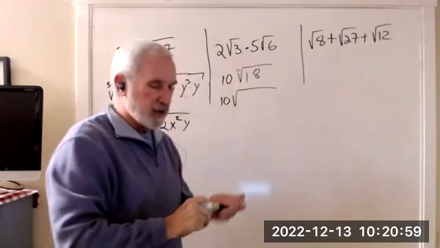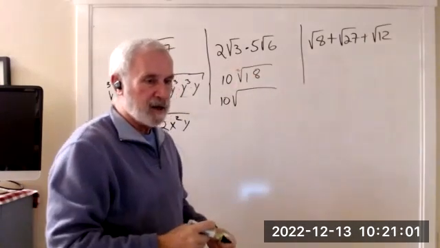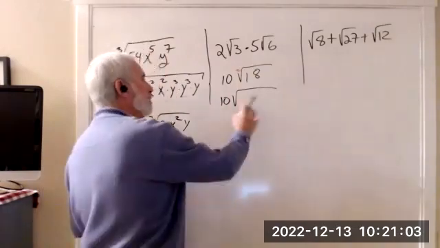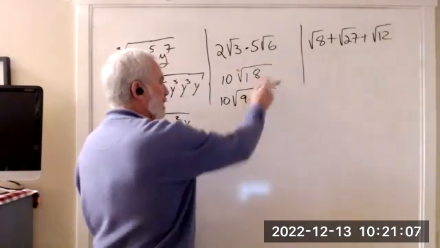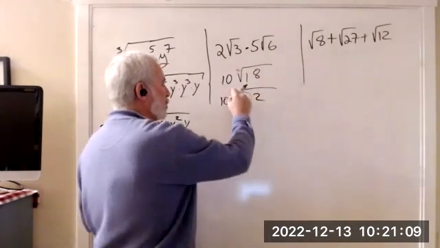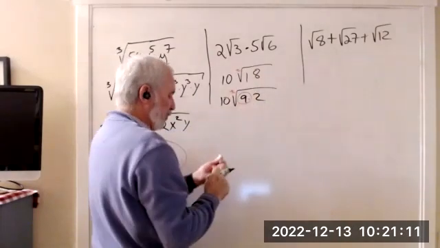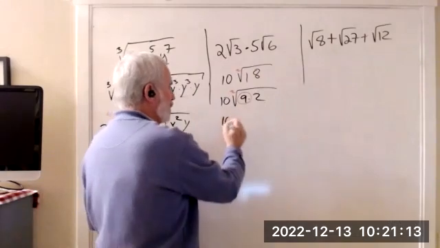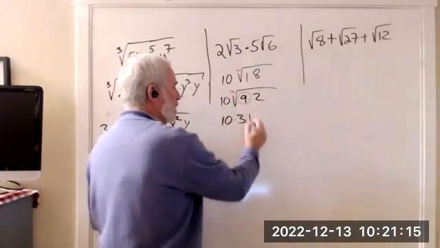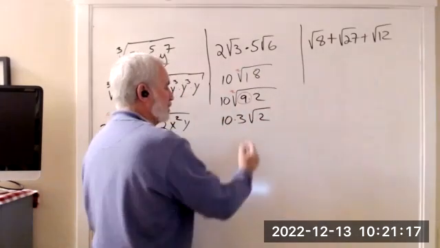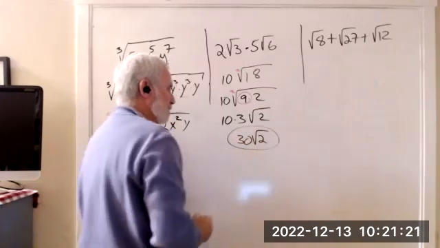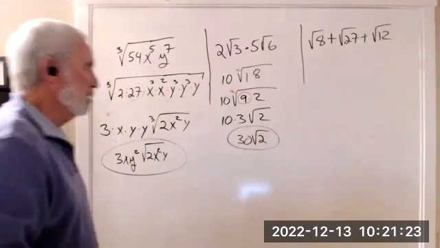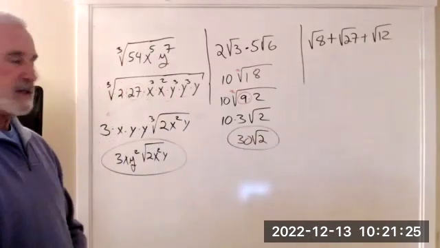I don't happen to have my calculator with me, so I have to do this as 9 times 2. 18 is 9 times 2, because I know that the square root of 9 is 3. So this is 10 times the 3, and the square root of 2 stays inside. So the final answer is 30 times the square root of 2. Is that okay?